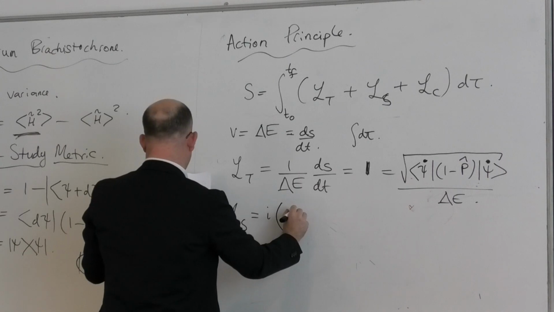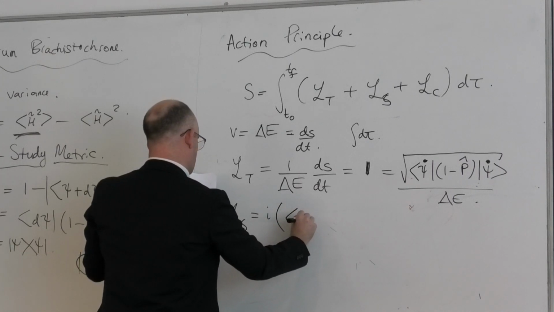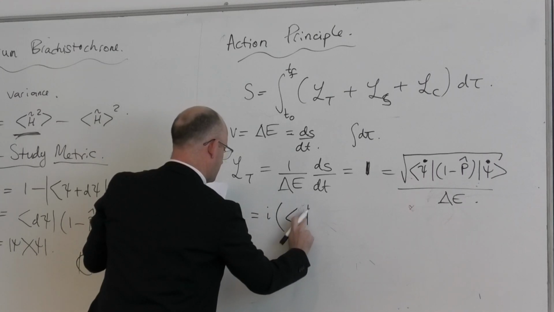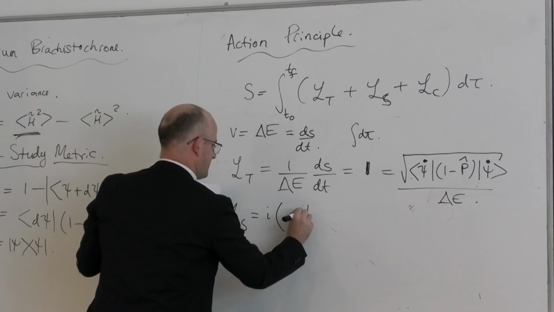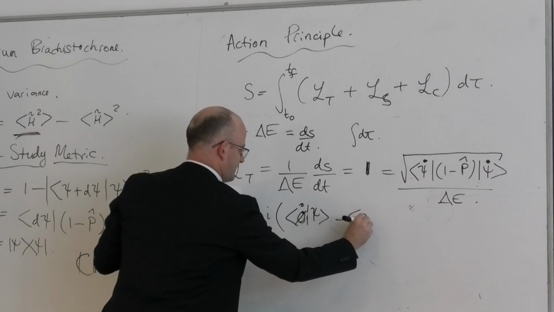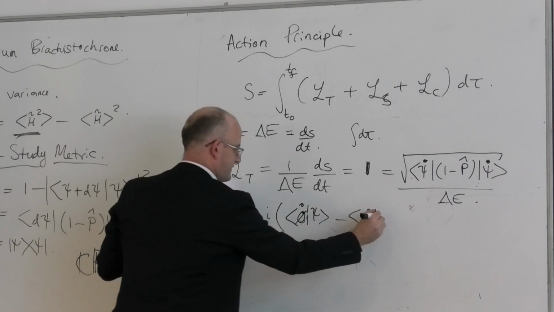Now the second part of this. I've got phi dot psi minus psi dot phi.